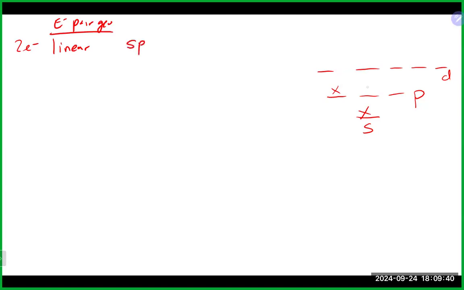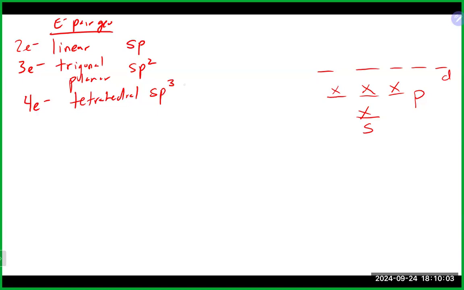As we saw, if we add 1 more atomic orbital to it, we will get 3 sp2 orbitals, which are trigonal planar, and we'll get our sp2. We add 1 more like we just ended up on there. That is 4 electron pairs, which corresponds to our tetrahedral, which is sp3.